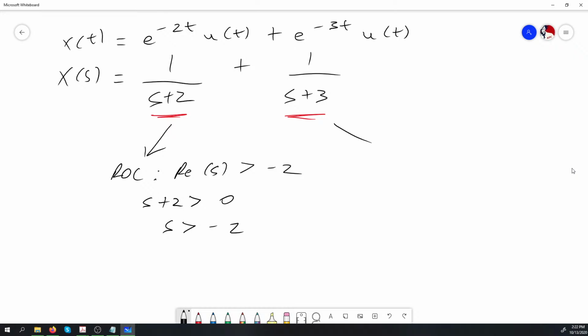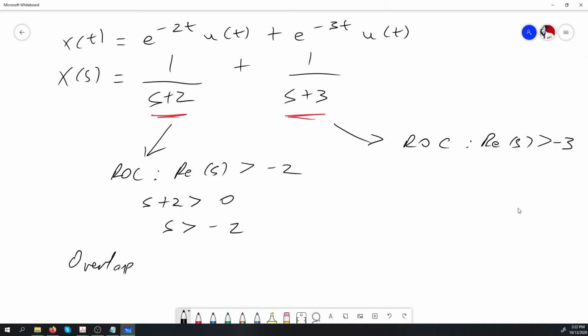And then the region of convergence for this part is when the real part of s is going to be more than negative 3. Now, because minus 2 is more than minus 3, because it's a negative range, there's some overlap.